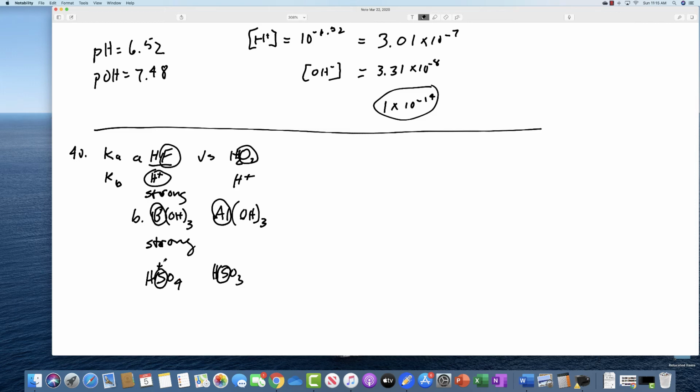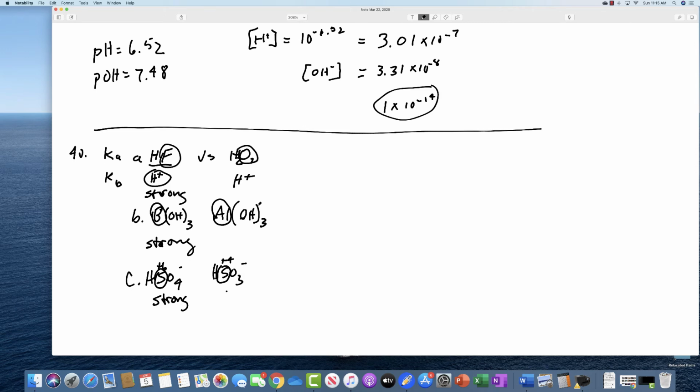Here it's +6, and here it's +4. Now, as it turns out, the greater the oxidation state, the greater the acidity. So this means that this is stronger than this because this has a higher oxidation state than this.